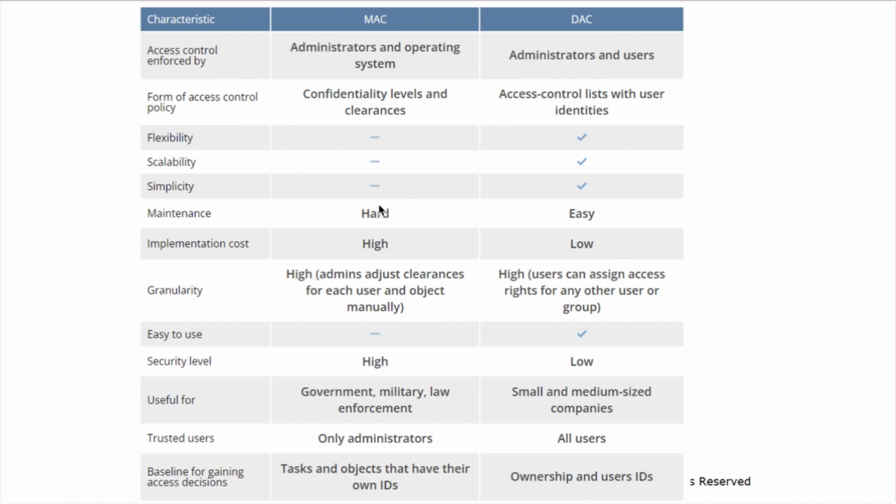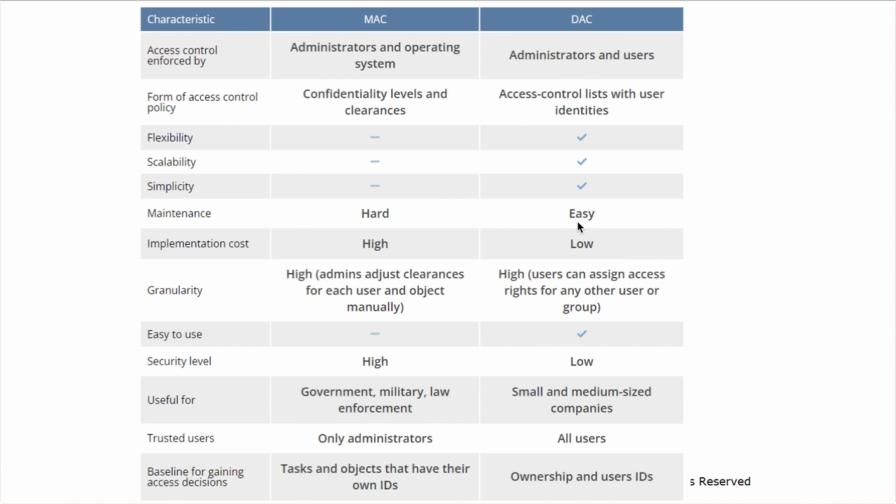It's not simple, because the holistic view of the whole system must be before the system administrators before they can make any changes, assign users to those clearance levels and so on. Whereas DAC is much simpler.